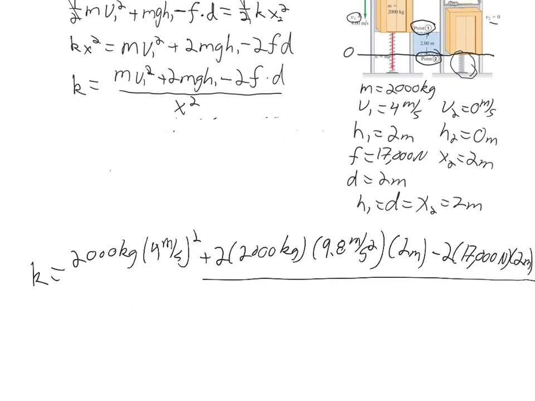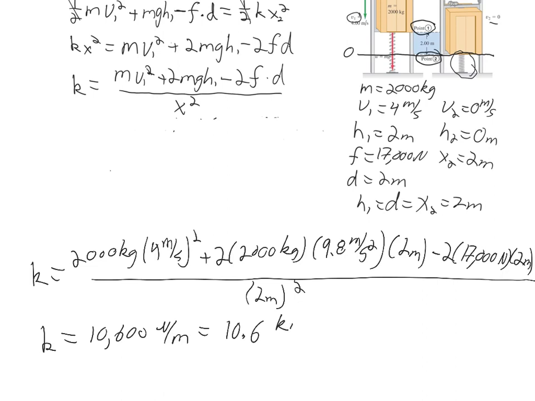And all of that, oh boy, that's long, divided by the x distance of 2 meters squared. You plug and chug, and if my calculations are correct, it should come out to approximately 10,600 newtons per meter, or you could write it as 10.6 kilonewtons per meter.